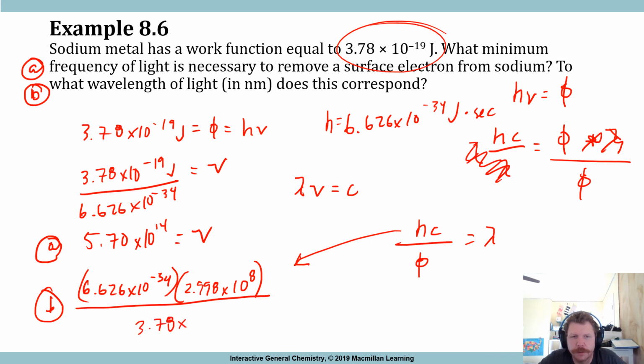It's like you got to go to a work function at the golf course. Anyway, this is 3.78 times 10 to the negative 19th. That's going to leave me with lambda, and I can plug this in: 6.626 times 10 to the negative 34th times 2.998 times 10 to the 8th, divided by 3.78 times 10 to the negative 19th, and that gives me 5.25 times 10 to the negative 7th.